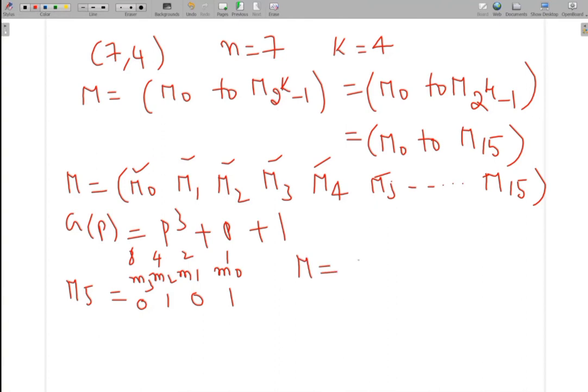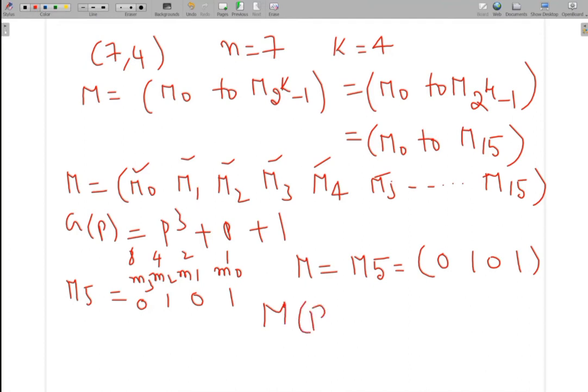Therefore, M5 is equal to 0, 1, 0, 1. Here M5 is one of the possibilities. M is the set of all possible message vectors. Therefore, M5 is taken as M for our convenience purpose.